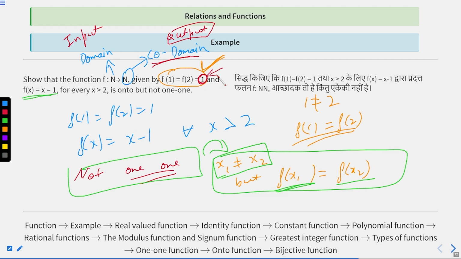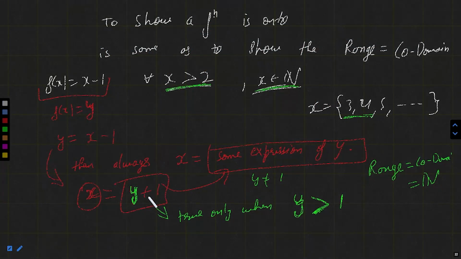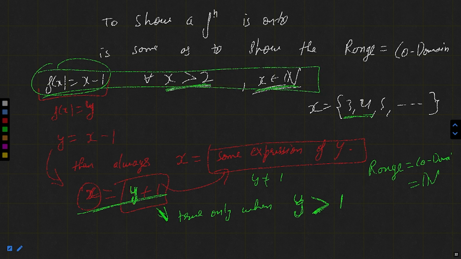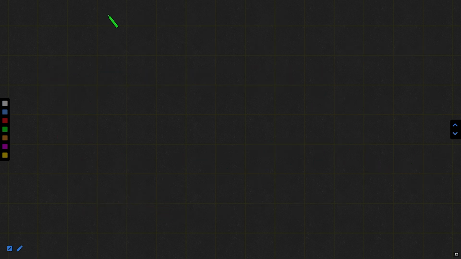Yes, this is also the output, or we say the range set element. So from this definition, I can say that y can take any natural number value but not 1.